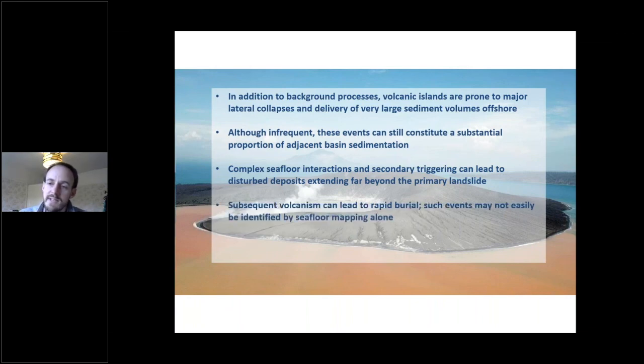Subsequent volcanic activity can be very vigorous, perhaps initiated by these failures. And this means these deposits can be prone to relatively rapid burial, and they're not necessarily easy to recognize by seabed mapping alone. And therefore, geophysical imaging is key to really understand the processes involved in these large-scale events.